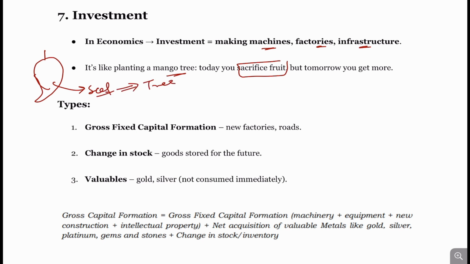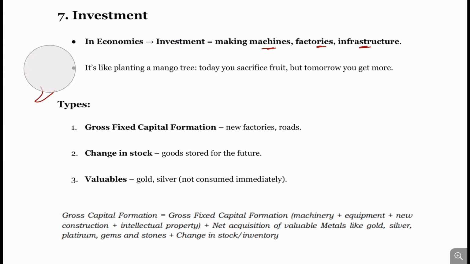And this tree will give fruit tomorrow, or maybe a year or two later. It will give mangoes in a very large quantity. So that is the meaning of investment. This example has been given with the mango, but we can take the example of capital.